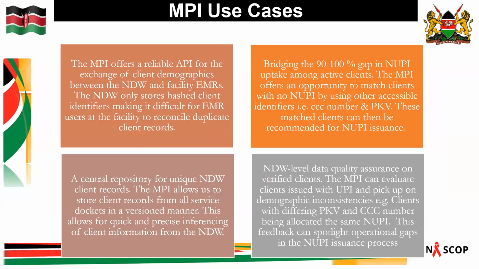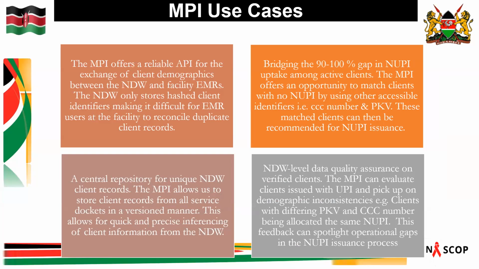The MPI itself also has an API that allows us to communicate with other health information systems. This allows us to offer the matching outputs back to the facilities and also receive advice from the facilities on the resolutions that have been made on the duplicate records.